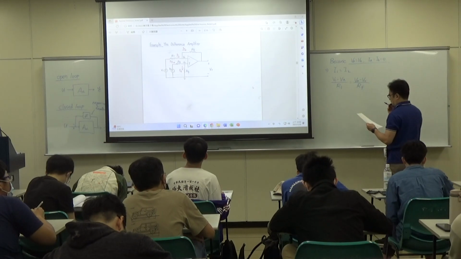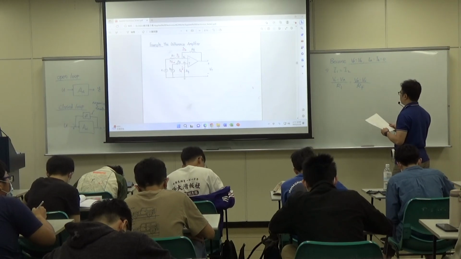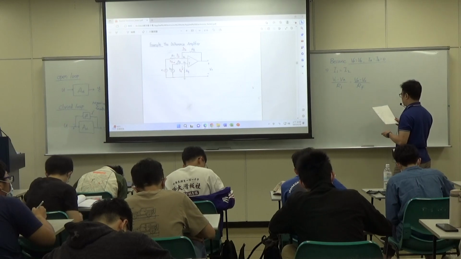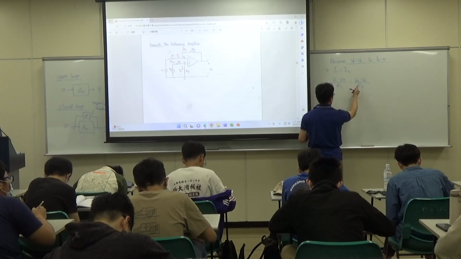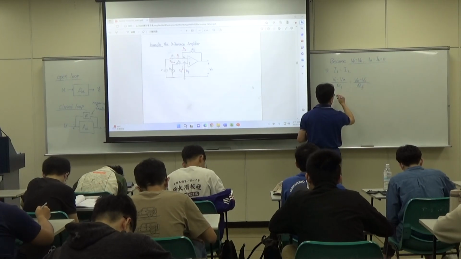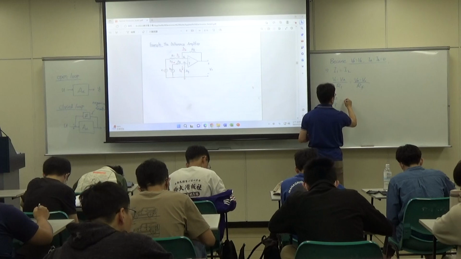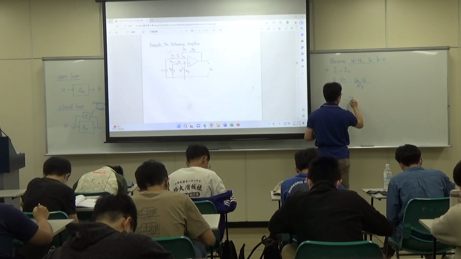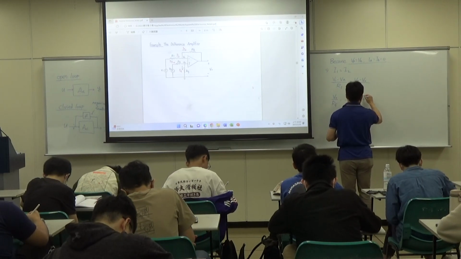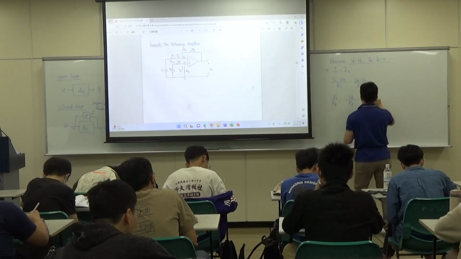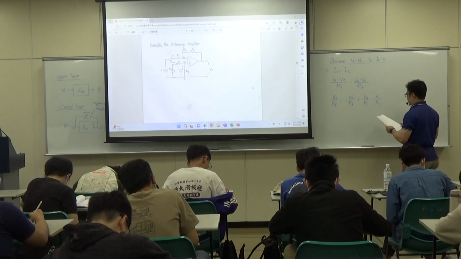Okay, and we rearrange it a little bit. So we have VO divided by RF equals VA divided by RF plus VA divided by R1 minus V1 divided by R1.